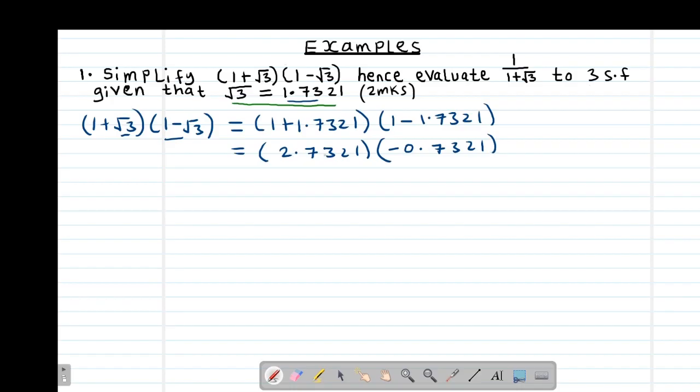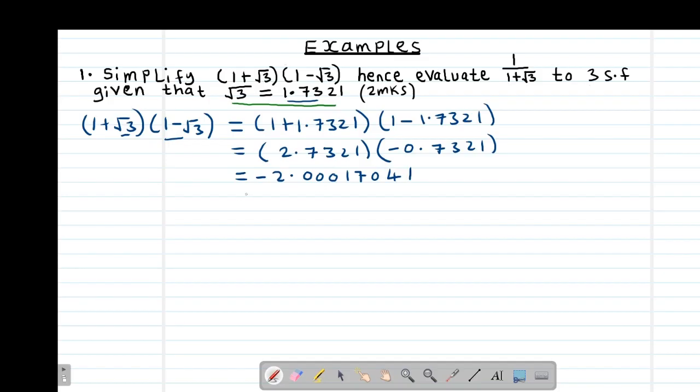Then if I multiply these two, 2.7321 multiplied by negative 0.7321, I'm going to get negative 2.000 and some extra digits.